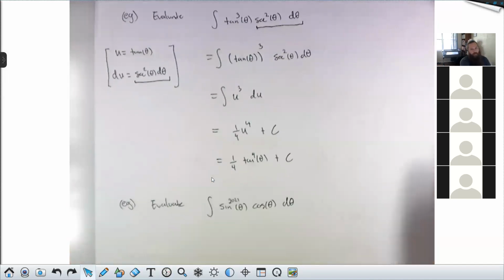What if I want to integrate sine 2021 theta cos theta d theta? So the power of sine there is 2021.